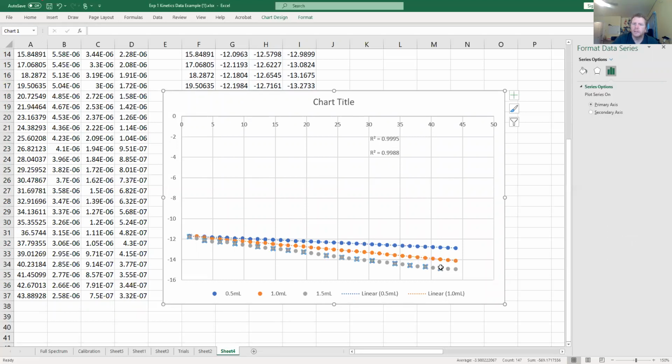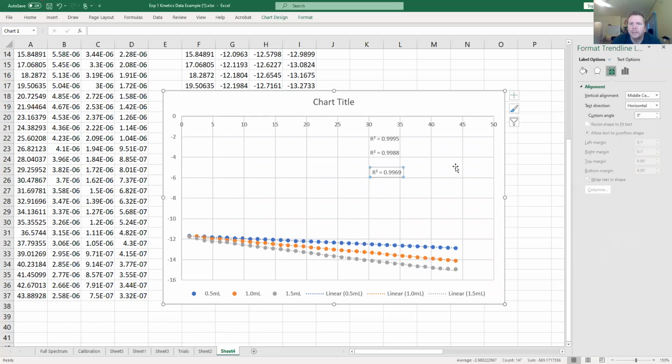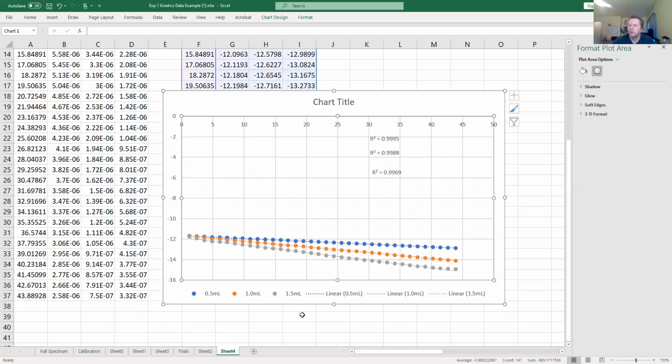And then my last is my trend line for my 1.5 milliliters of sodium hypochlorite. Plug that in, R squared equals 0.9969. So I've got some data here that very much so supports what I've previously seen with it is first order with respect to sodium hypochlorite.